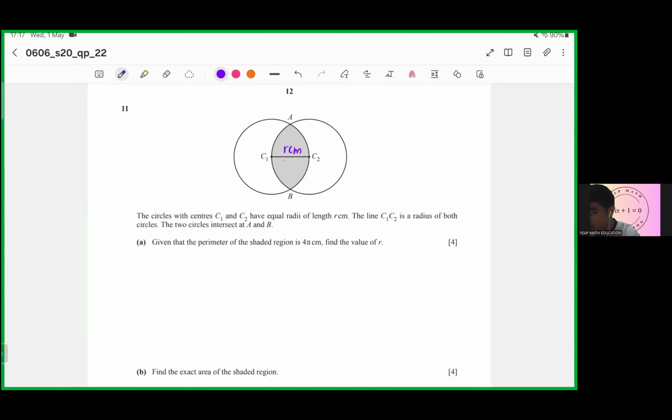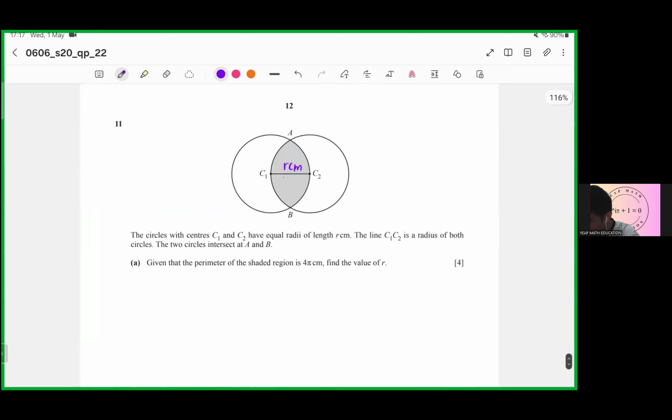Wait a minute, I think I can explain as well. The question also says C1 radius is r cm, and here also r cm.